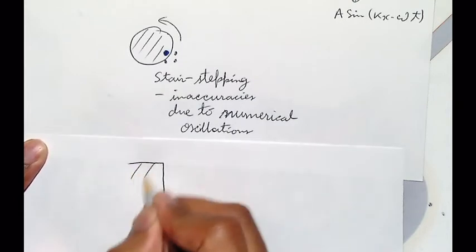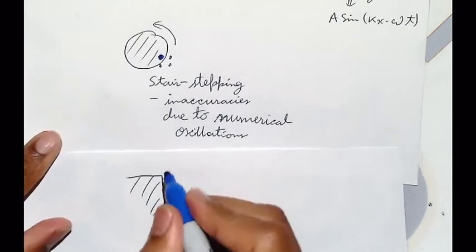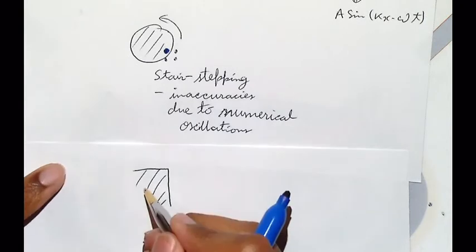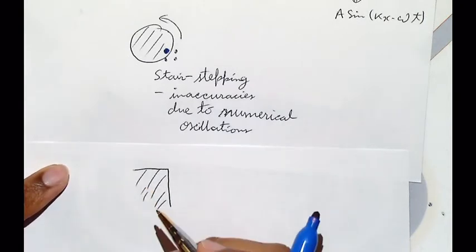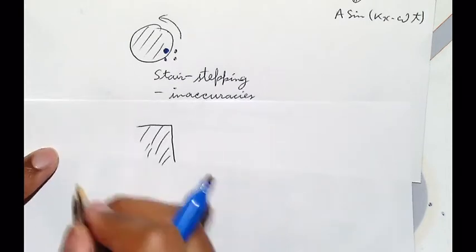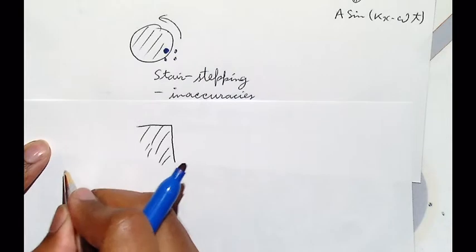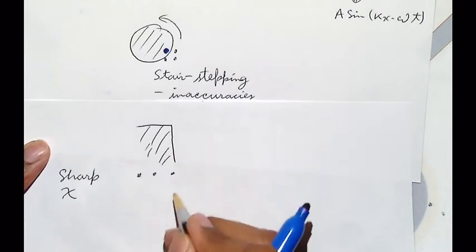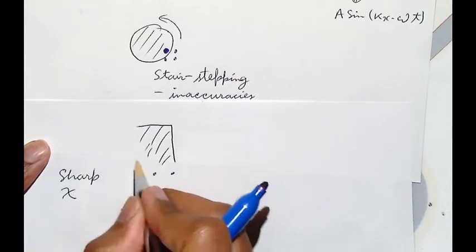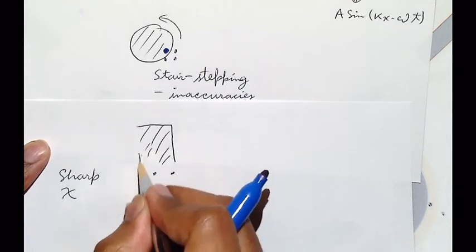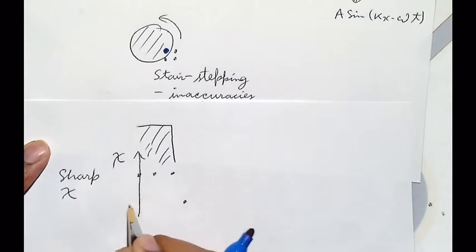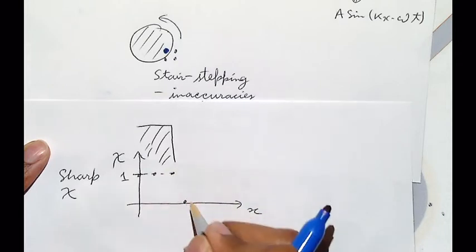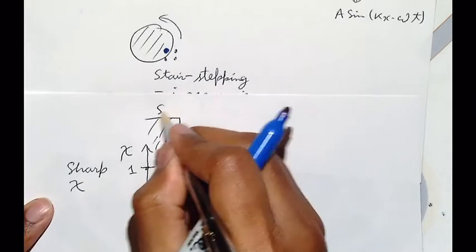Or you can say, if we look at it in 1D, if you have a pure solid block, the sharp chi field would be 1, 1, 1, and then immediately you have 0. This is solid and you have fluid.